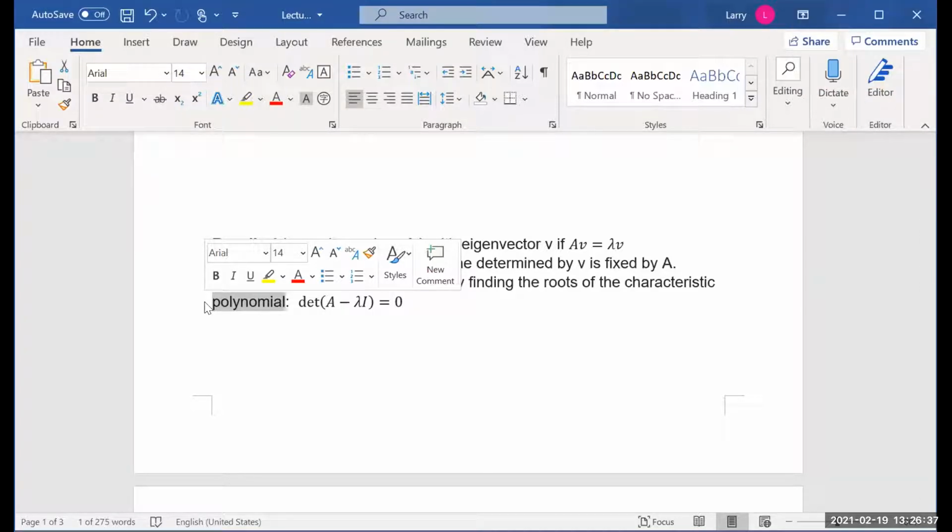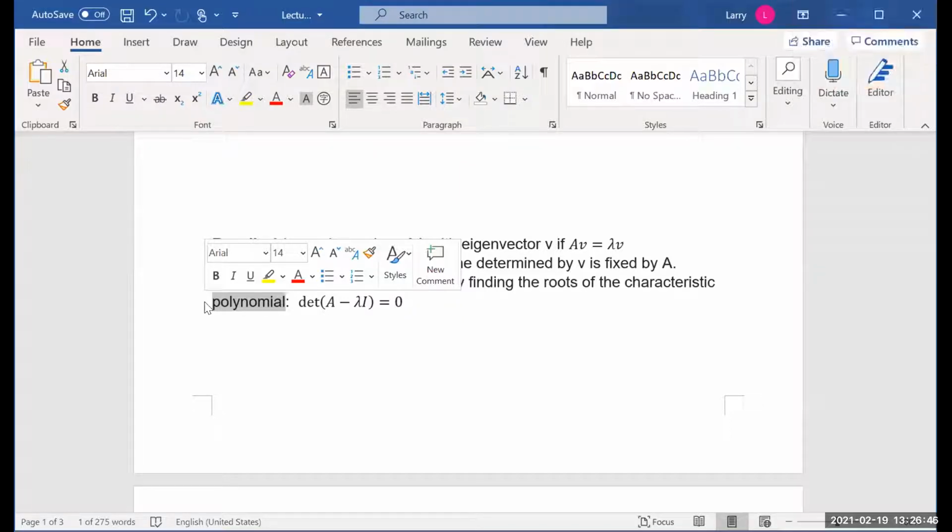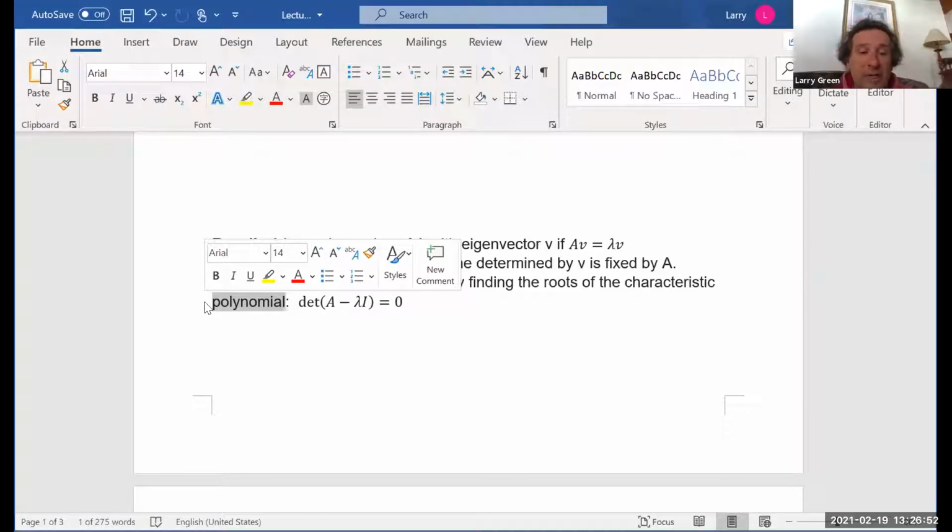It depends. What does it depend on? What aspect of the matrix does it depend on? Its dimension. Yeah, the column count. And remember, column count and row count are the same, because we can't even talk about eigenvalues and eigenvectors unless you have a square matrix. So if you have a 4x4 matrix, you get a degree 4 polynomial. Do you agree? Okay.